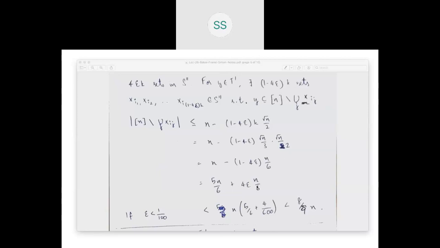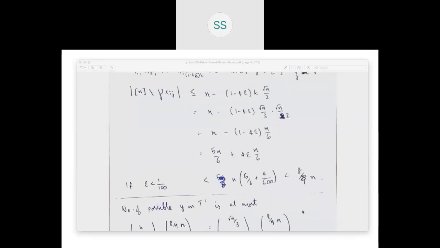And let's assume that epsilon is small, let's say at most 1 by 100. And now you can easily do this calculation and see that this is at most 8 by 9 times n. So the universe that is available for you to choose the elements of y is limited to 8 by 9 times n.